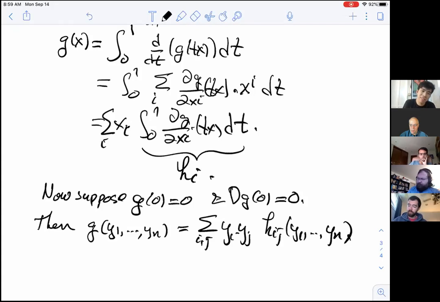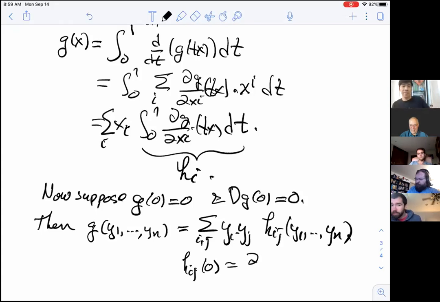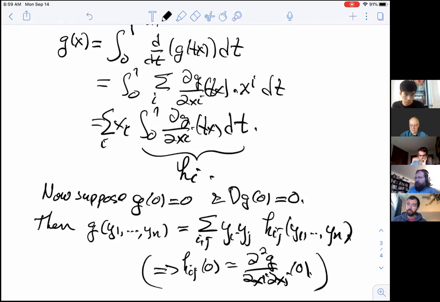Just apply this argument twice. And of course, make the hij symmetric by simply averaging, then hij at the origin is the second partial of g with respect to xi and xj at the origin.